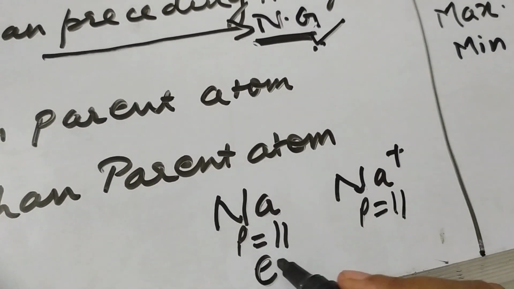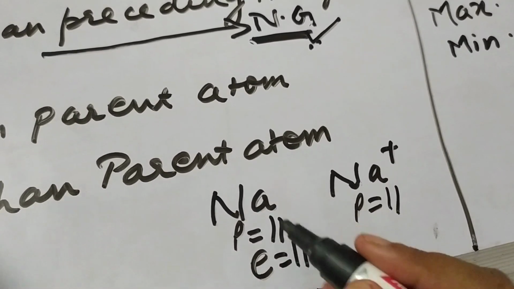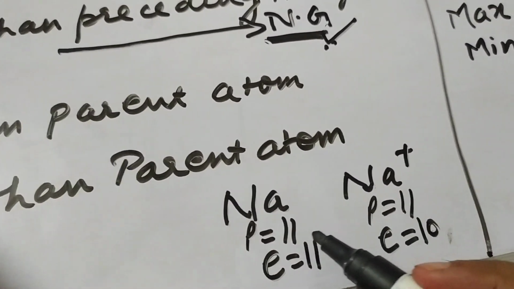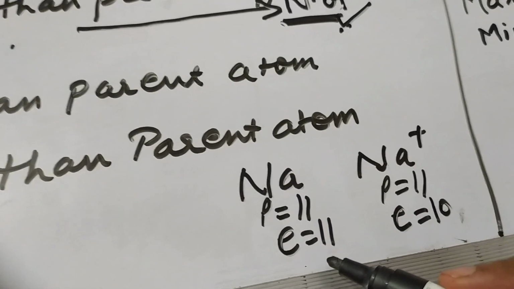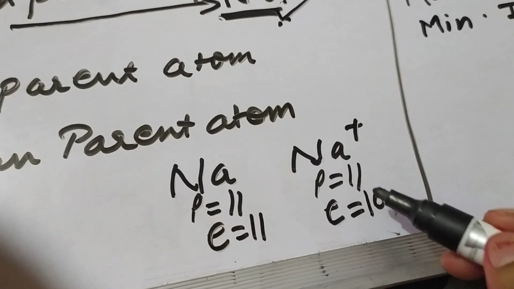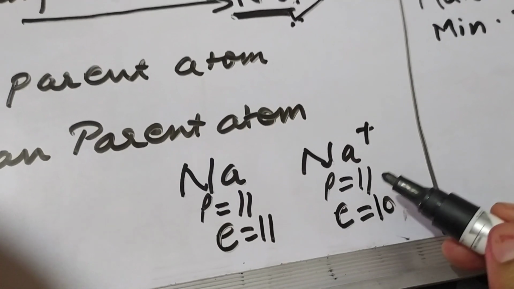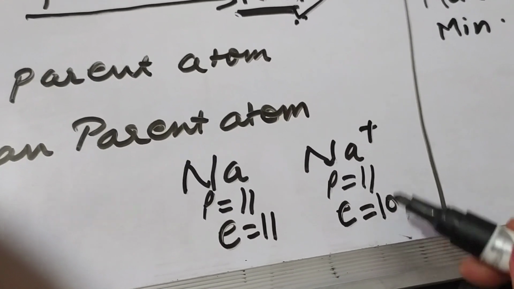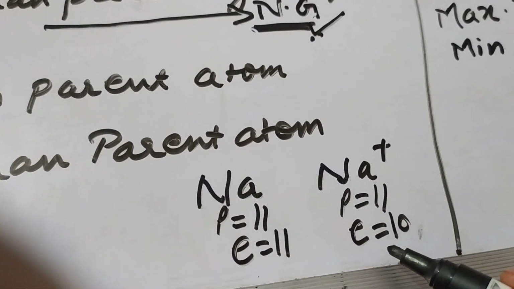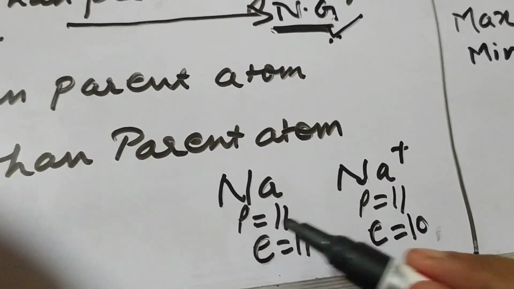Here electrons are also 11 because protons and electrons are equal, and this is a neutral atom. But here electrons are 1 less, that is 10. So 11 protons are holding 11 electrons. And now here 1 electron is less, so the force will be more of 11 protons on 10 electrons. And therefore the size of the sodium cation will be slightly lesser as compared to the parent atom.